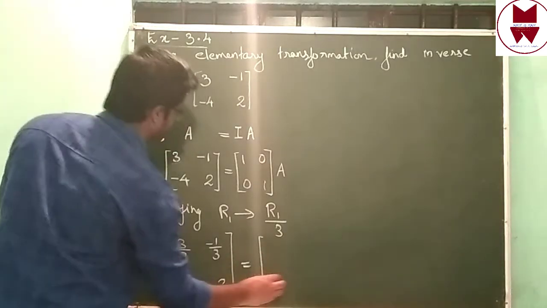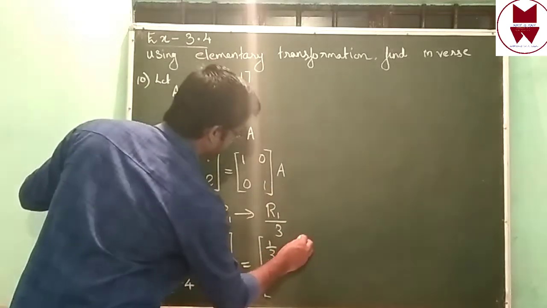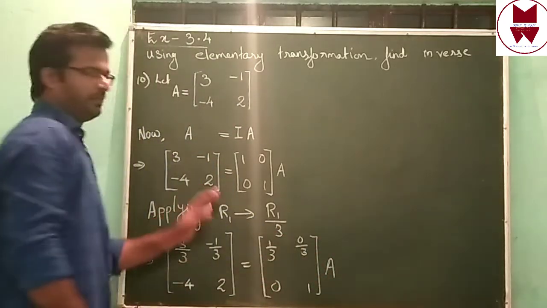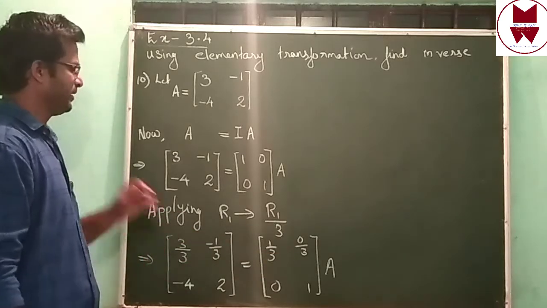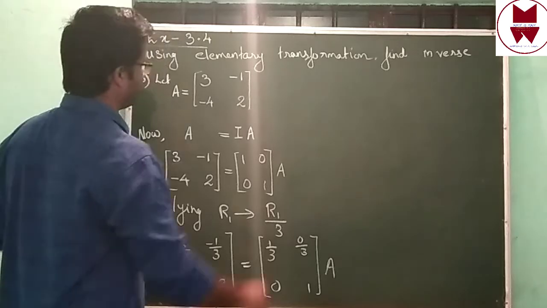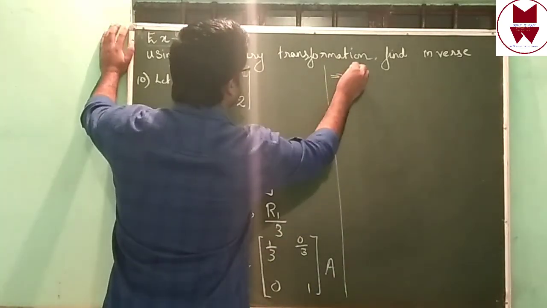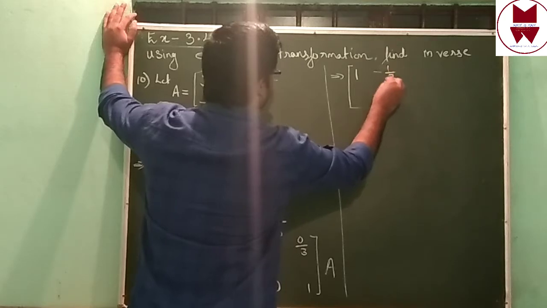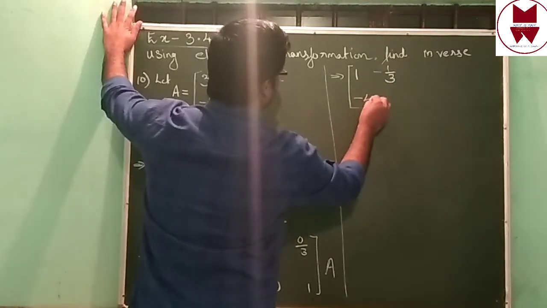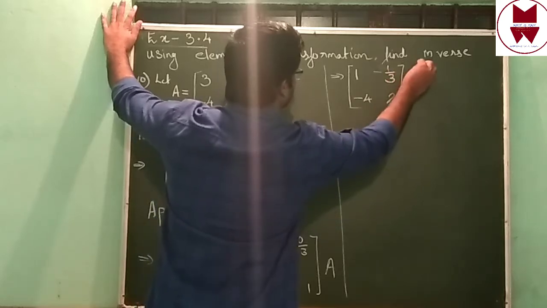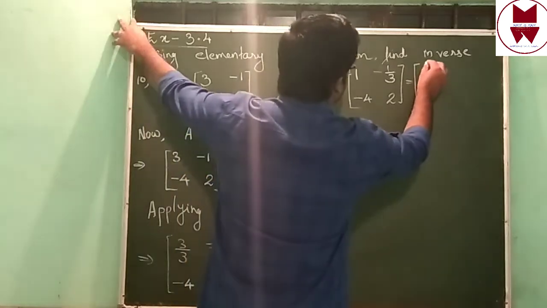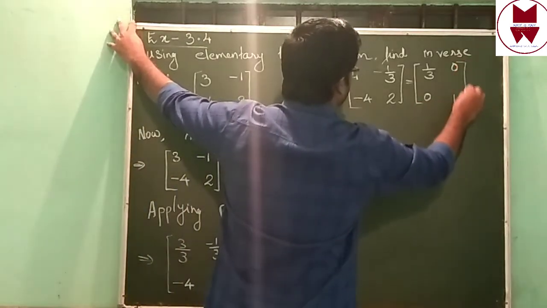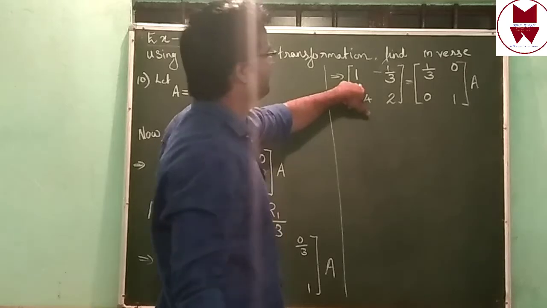On the right side, also 1 by 3, 0 by 3, 0 1, into A. This is the whole first row divided by 3, and the second row stays as it is. 3 by 3 gives 1, so we get the matrix [1, -1/3; -4, 2] equal to [1/3, 0; 0, 1] into A. Now we got 1 here, isn't it?